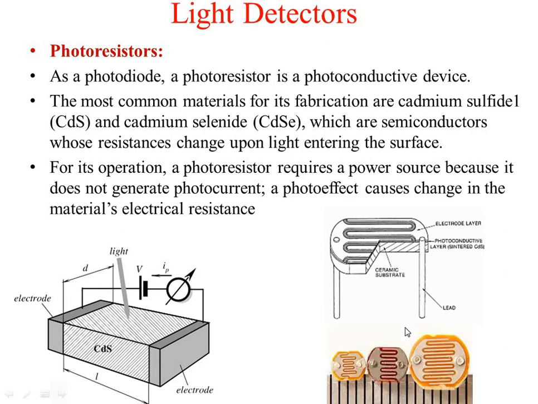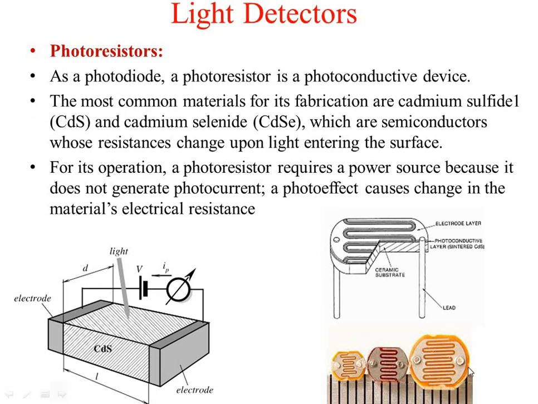This is what photoresistors look like, varying with the cross-sectional area. This is the smaller one, this is the larger one, and this is larger than that. These are the small photoresistors that you might have seen in many applications.